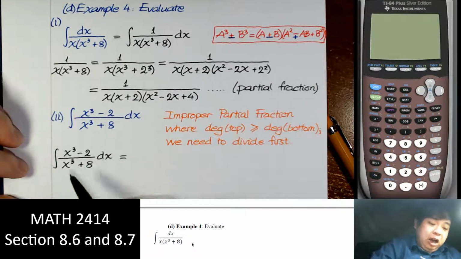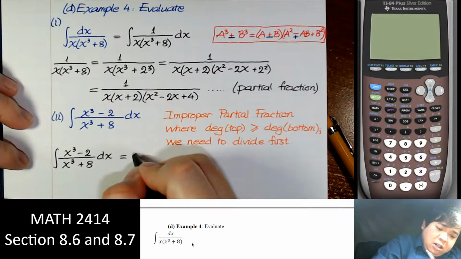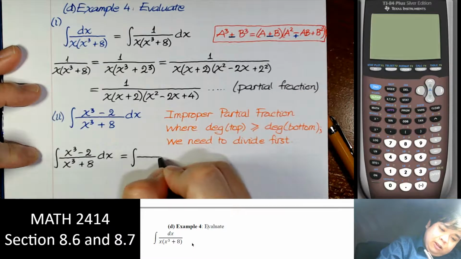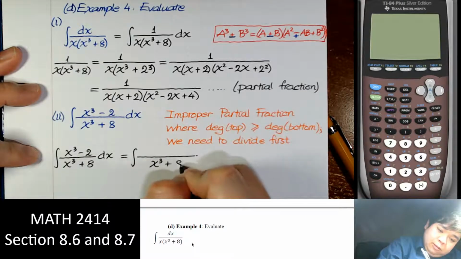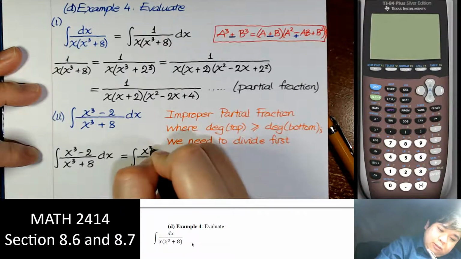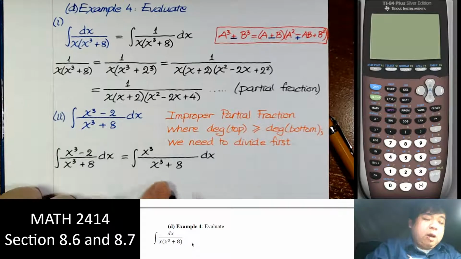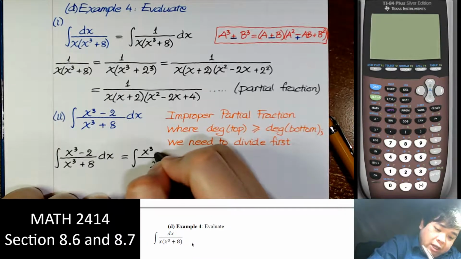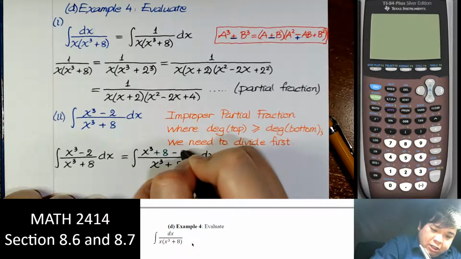In this case, I divide the top by the bottom, but instead of dividing here, what we can do is this. Here we have x cubed plus 8 at the bottom, so I'm going to add 8 and minus 8.